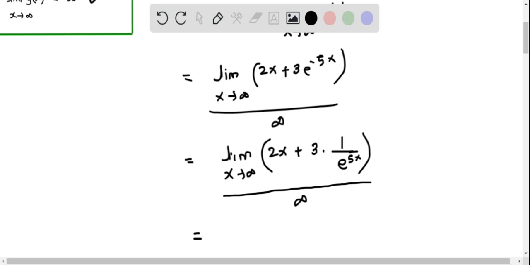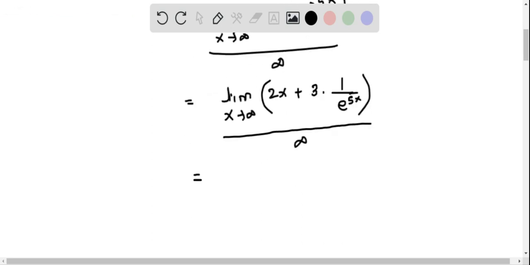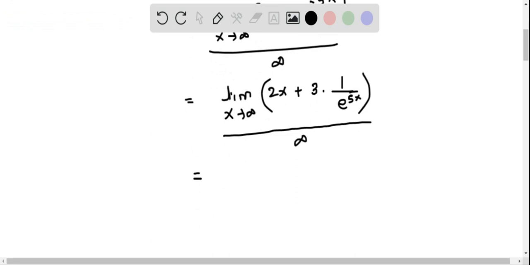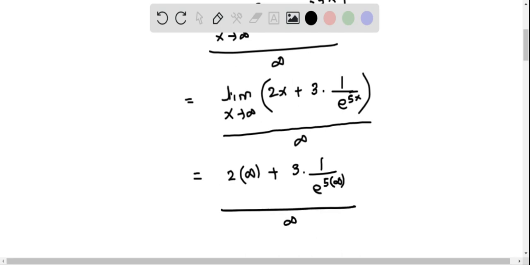Now let's apply the limit, that is we let x approach infinity in the expressions. When we do that, we replace x by infinity, so this becomes 2 times infinity plus 3 times 1 over e power 5 times infinity, and this is over infinity.